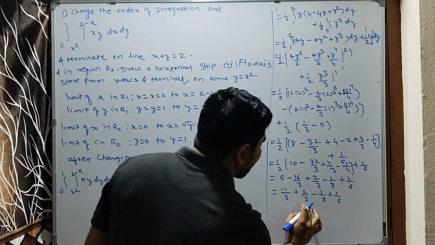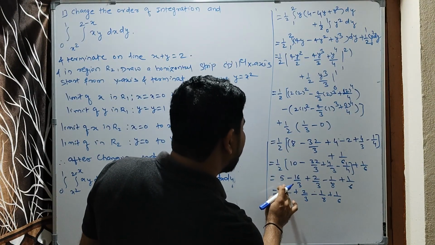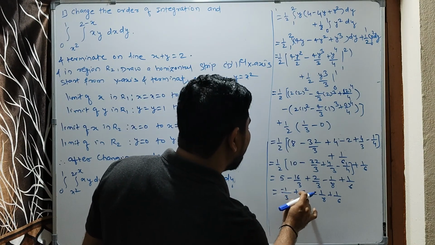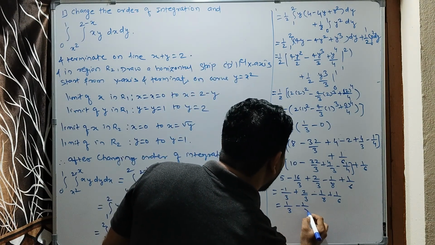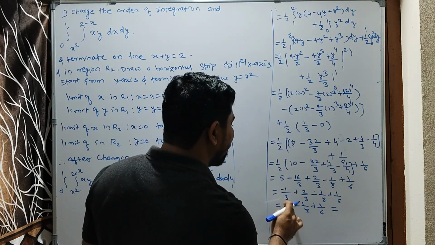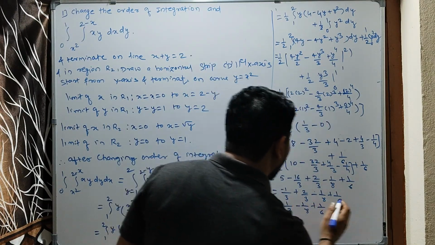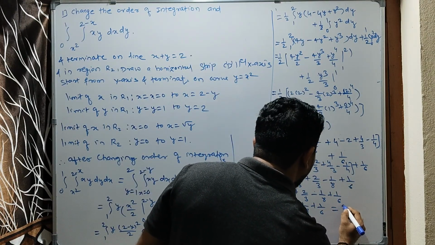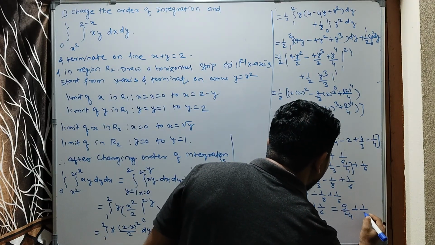So this is minus 3 plus 6, minus 1 by 3, 2 by 3, which is equal to 1 by 3 minus 1 by 8 plus 1 by 6, which is equal to 8 minus 3, 5 divided by 24, plus 1 by 6.